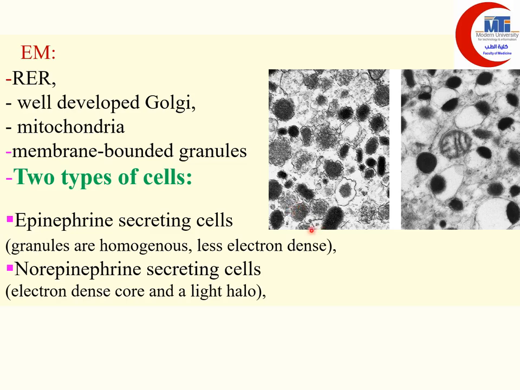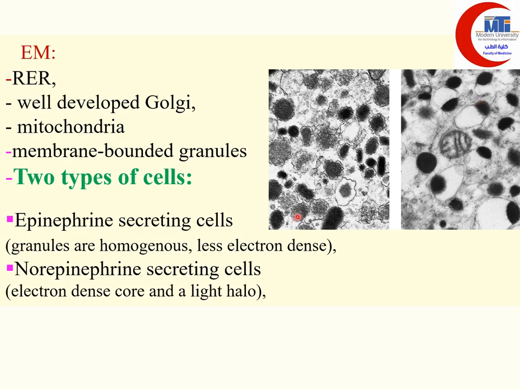The granules that contain epinephrine are homogeneous and less electron dense. But norepinephrine secreting cells contain granules that have an electron dense core with a light halo around.